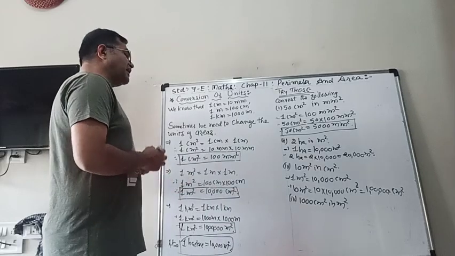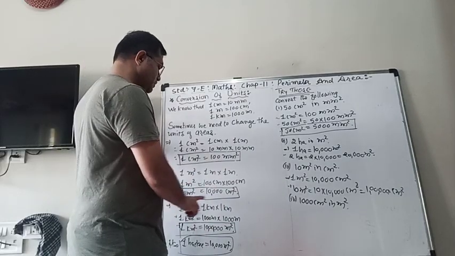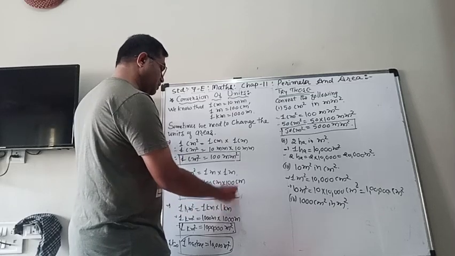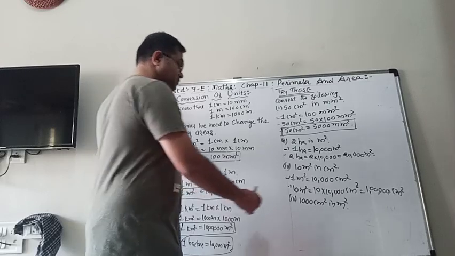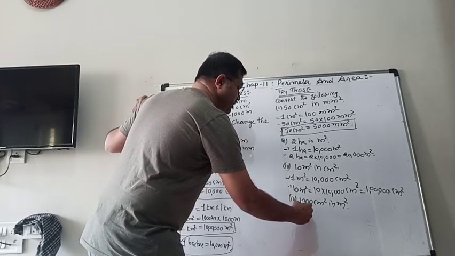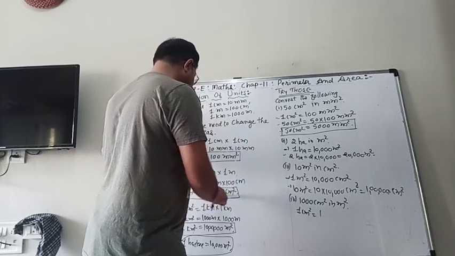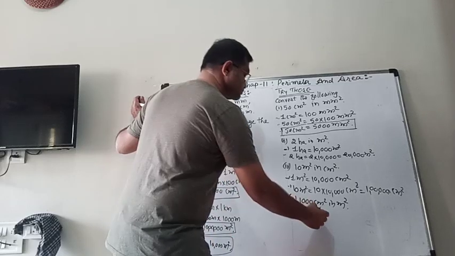Here we have to divide, because we know the meter square to centimeter square, so we have to go in reverse. That means 1 centimeter square is equal to 1 upon 10,000 meter square.